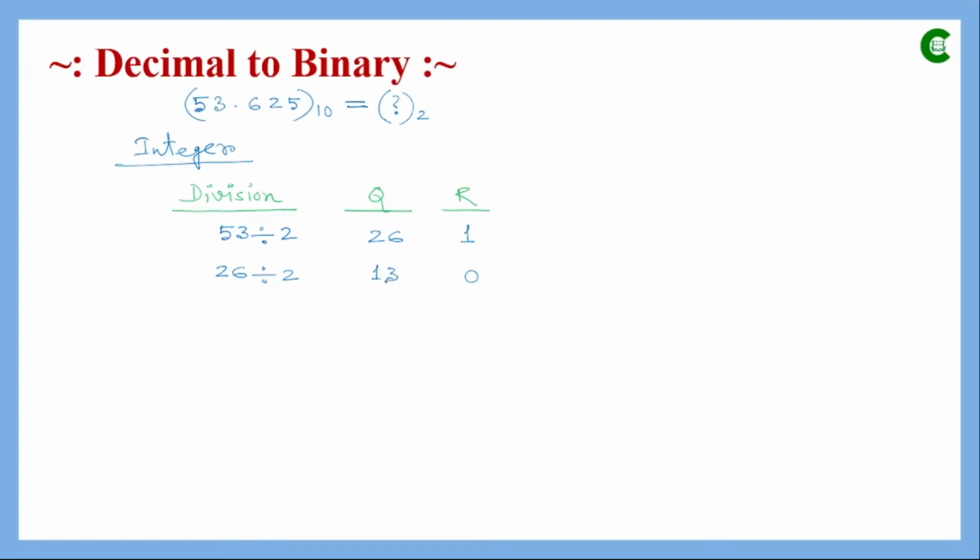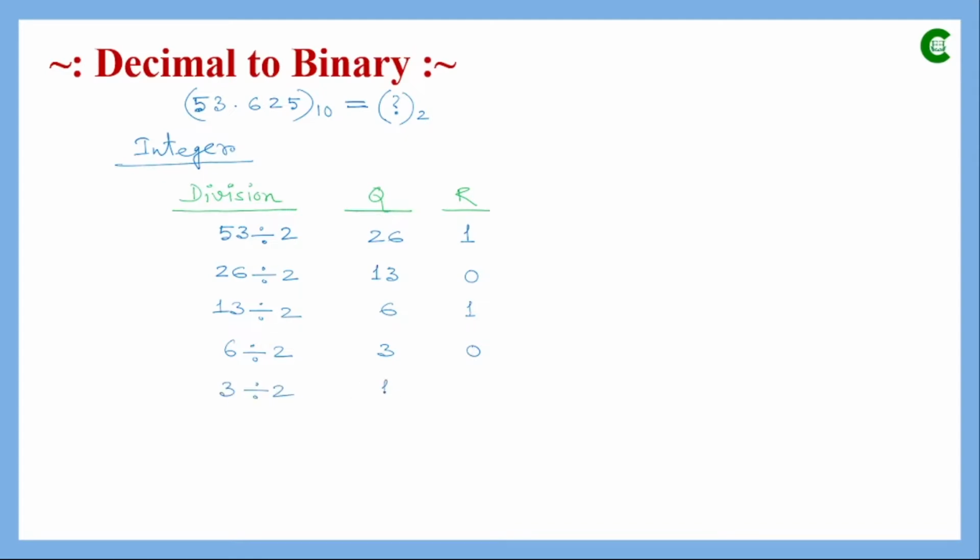Fine. Next we will divide 13 again by 2 and we will record the quotient and remainder. Here the quotient will be 6 and the remainder will be 1. Next we will divide 6 by 2 and similarly record the quotient and remainder. Next we will divide that quotient 3 by 2.